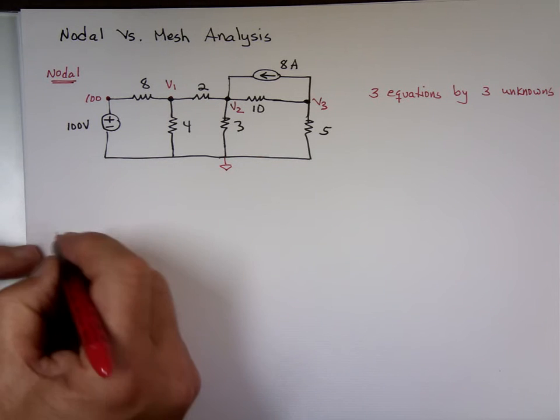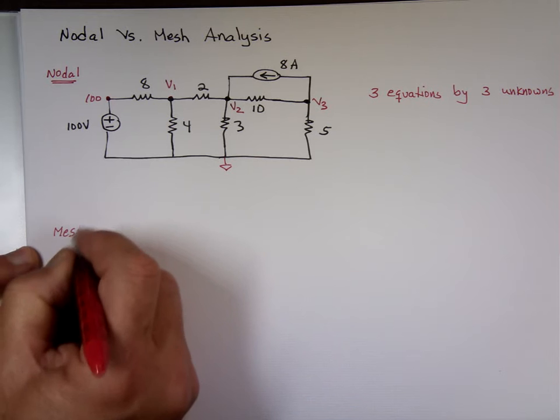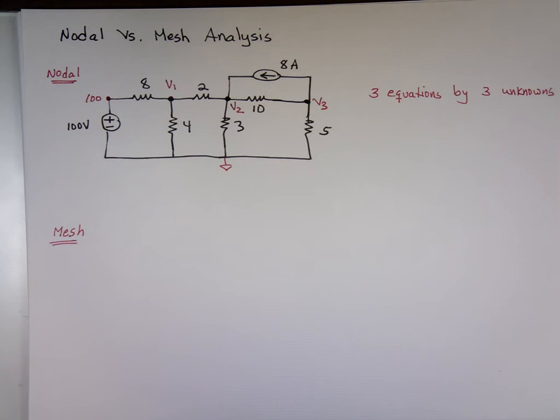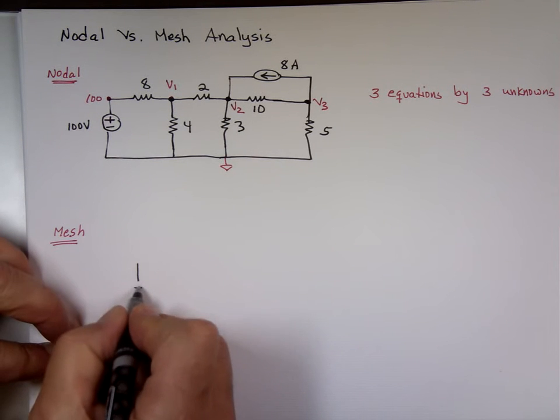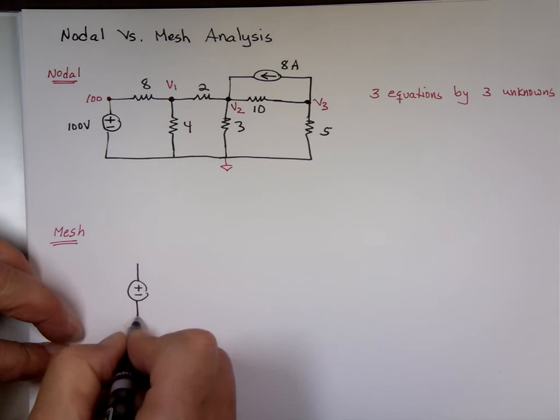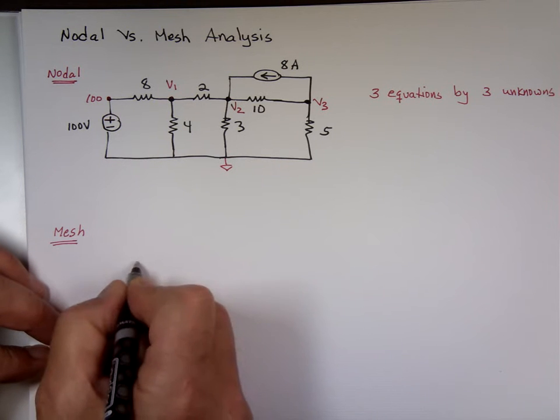If I go with mesh here, you'll have 4. Well, we know one of them actually there. Look. For that one. This is 100.